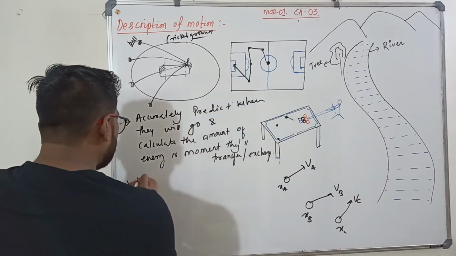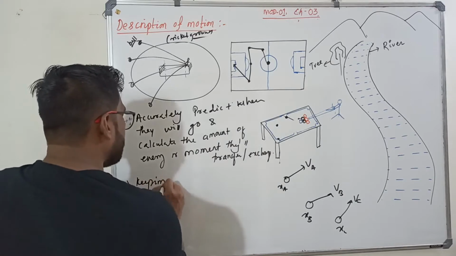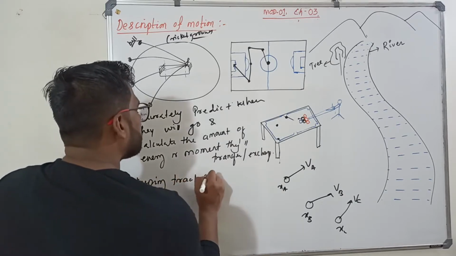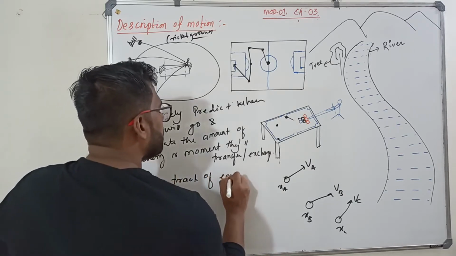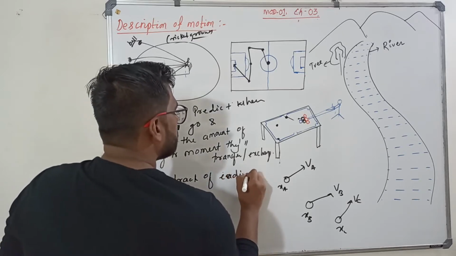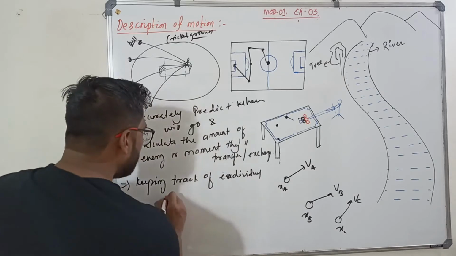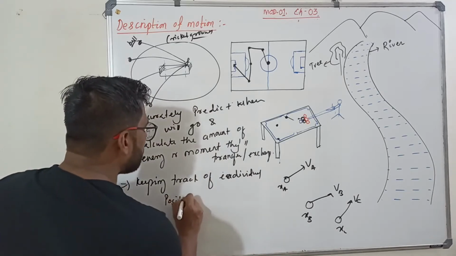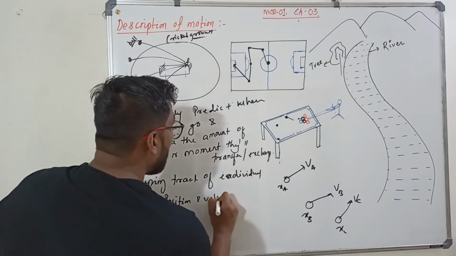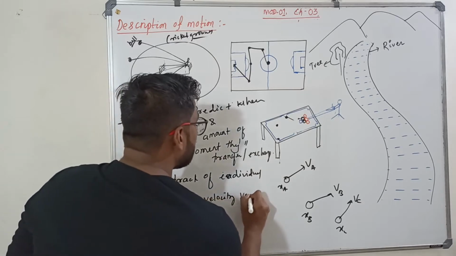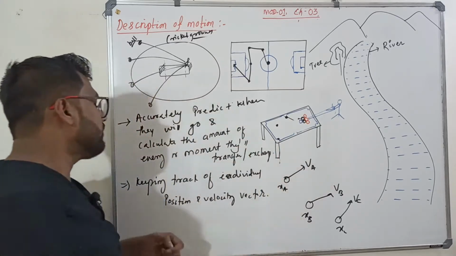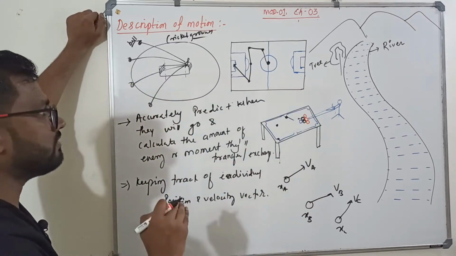We are keeping track of the individual position and velocity vector. We are keeping a track of the individual position and velocity vector.